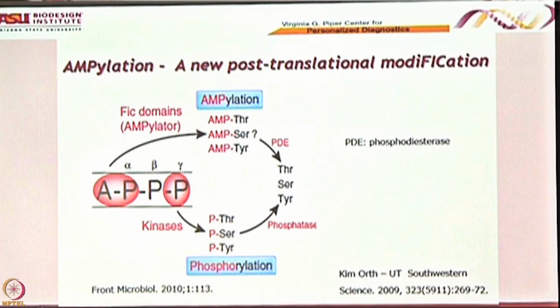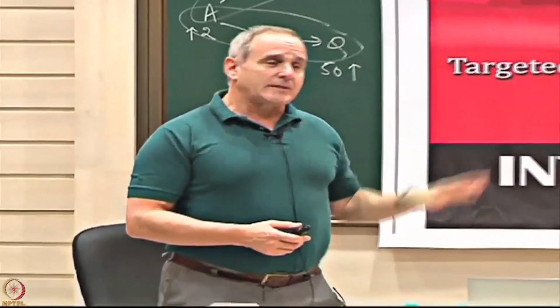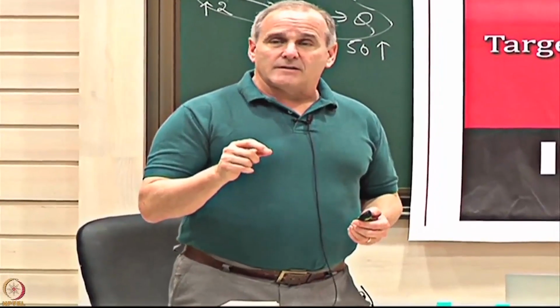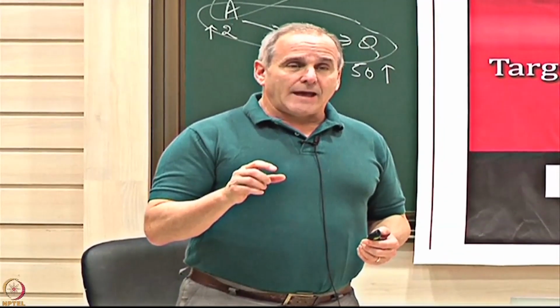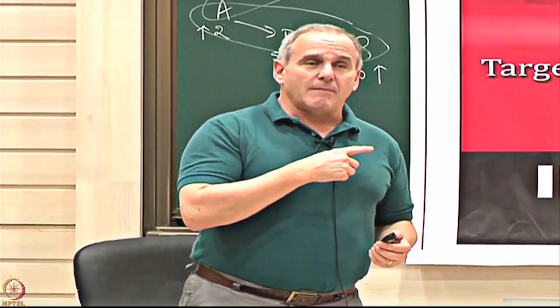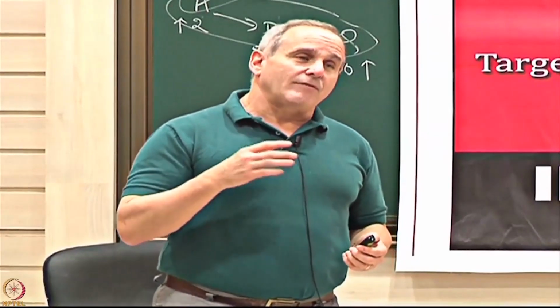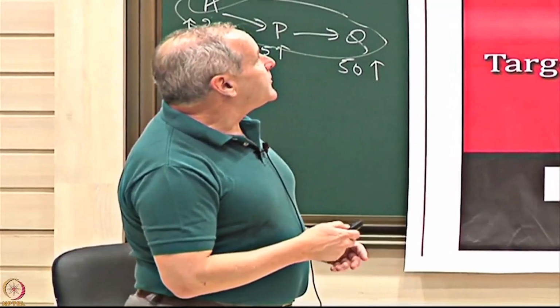We don't fully understand the biology of this interaction, but one of the places where we see it most often is when bacteria infect an individual and then use this to modify host proteins. So it's possible that pathogens have used this as a way to regulate expression in cells.